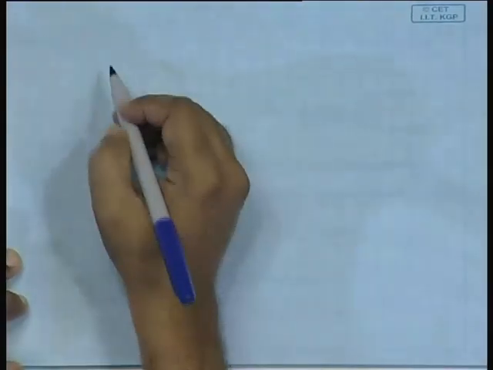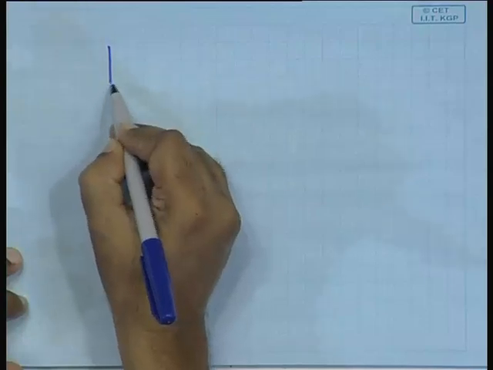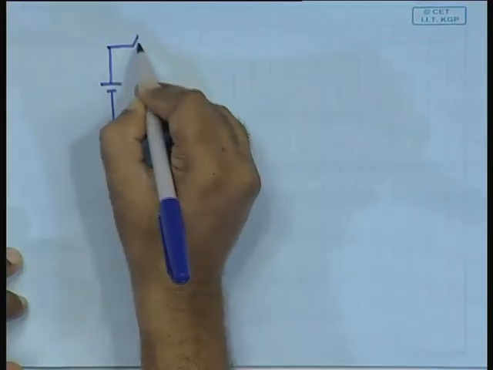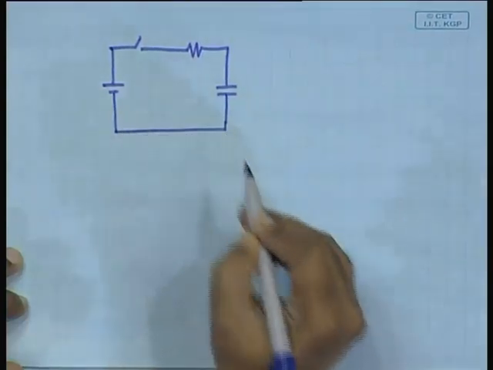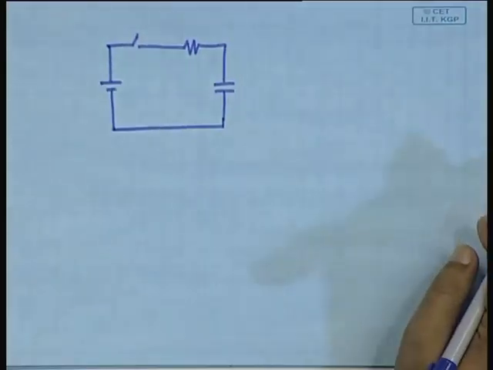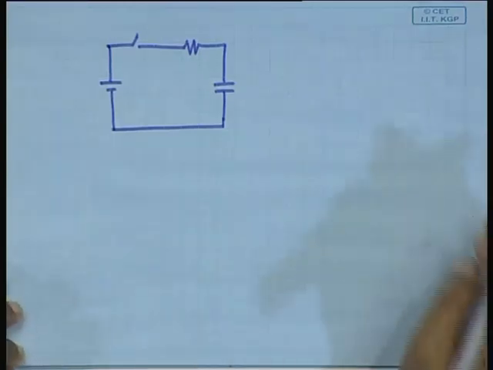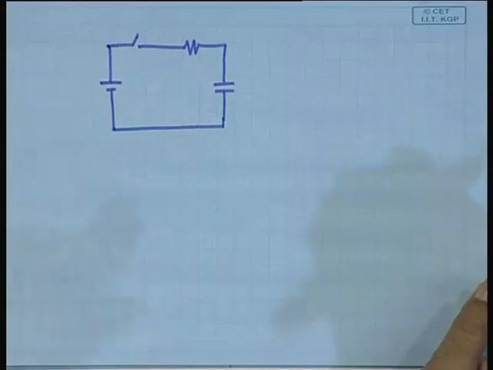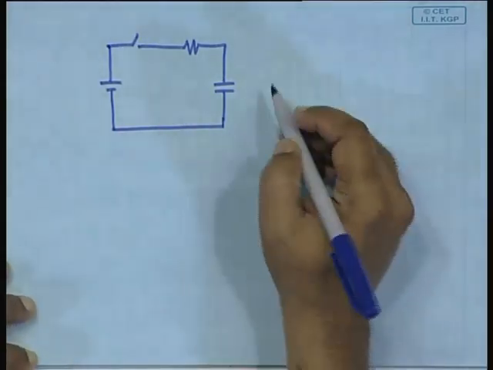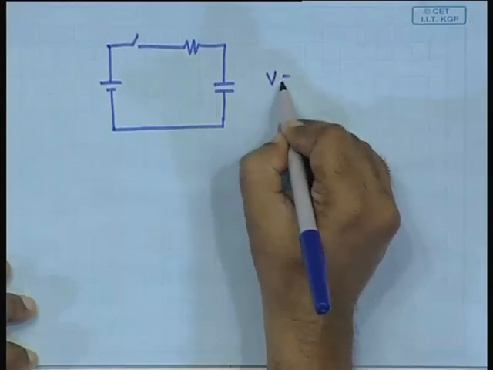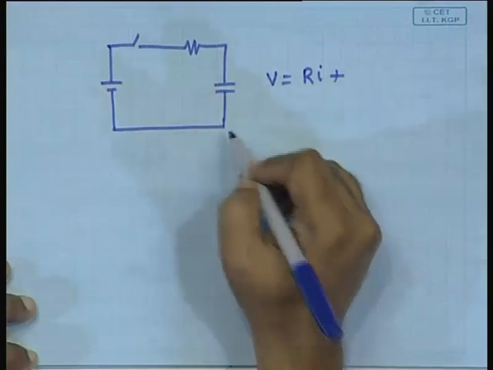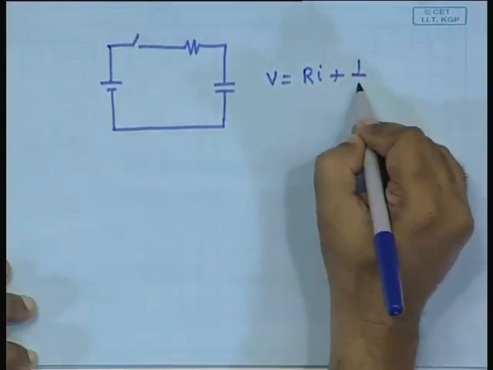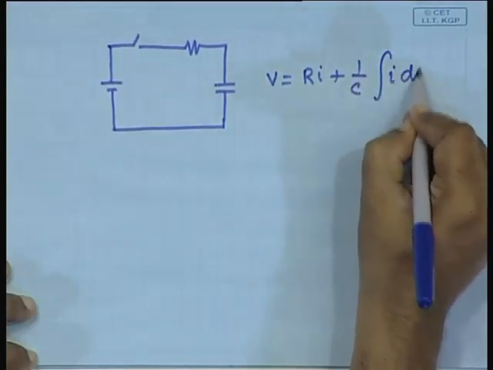In case of the RC network, how will you do that? Again writing the equation first, it will be V is equal to R I plus 1 by C integral I dt.